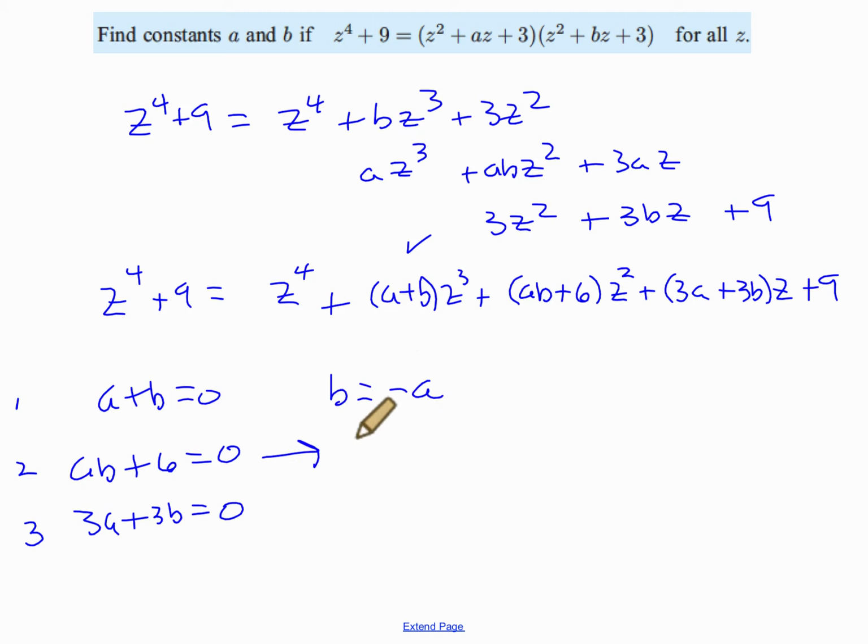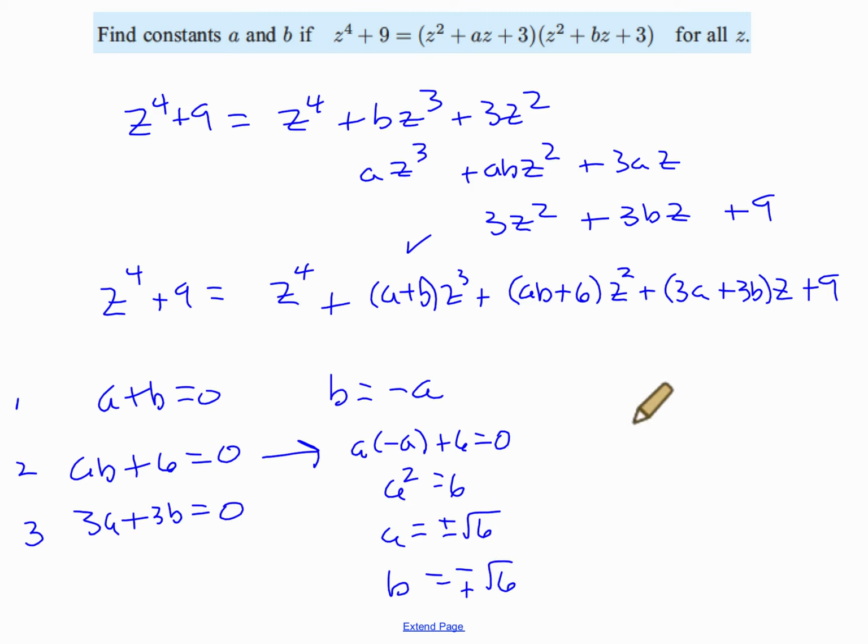So using substitution, I get a times negative a plus 6 equals 0. A squared equals 6, so a is equal to plus or minus root 6. So that means b, which is equal to negative a, we just reverse the signs. In other words, when a is positive root 6, b must be negative root 6, and vice versa.